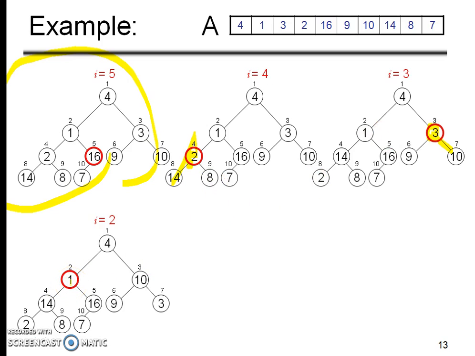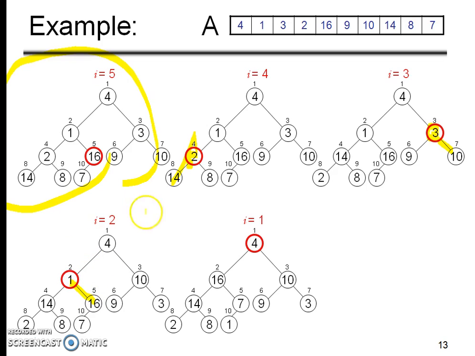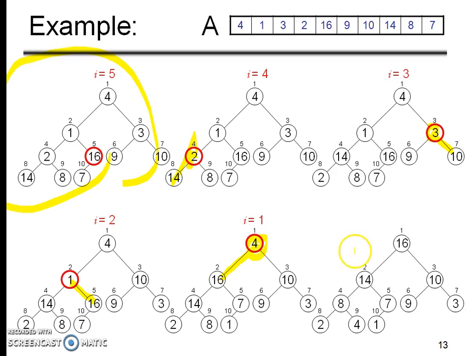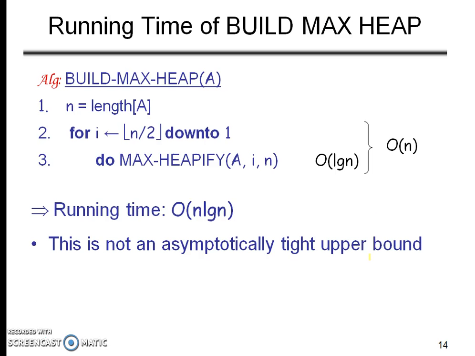Compare 1 with its larger child node 16, make an exchange, and finally when i is equal to 1 we arrive at the root node, compared with the larger child 16, and there is an exchange. The resultant tree is a heap.